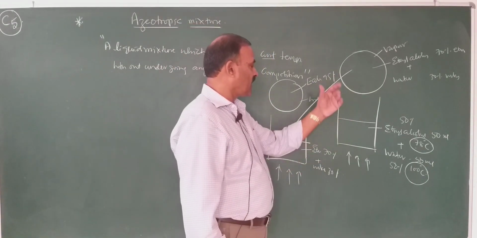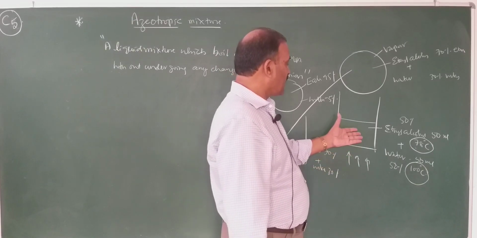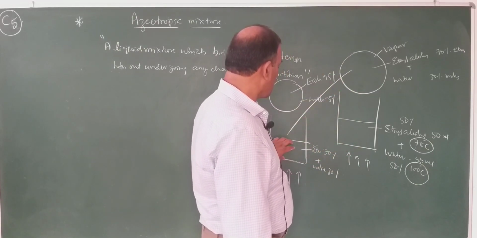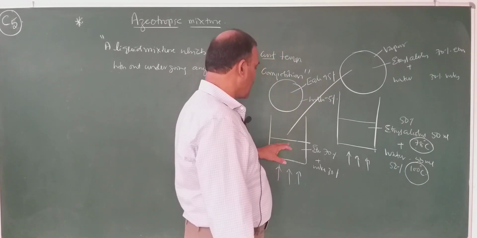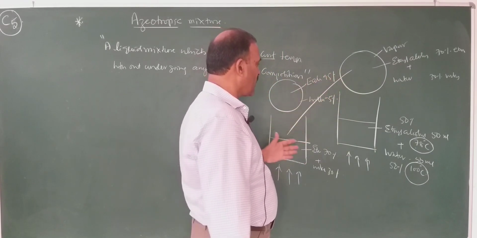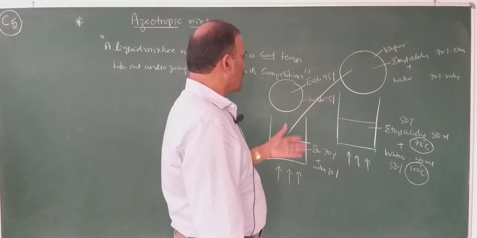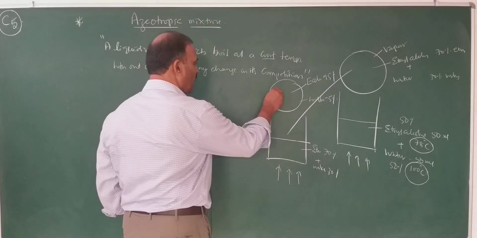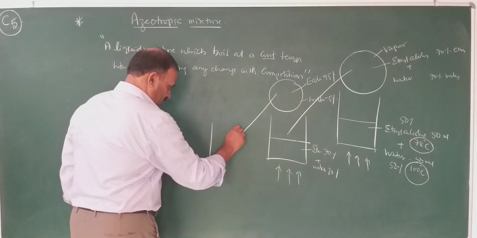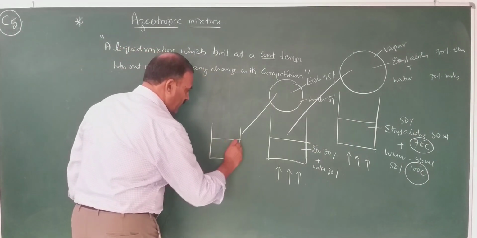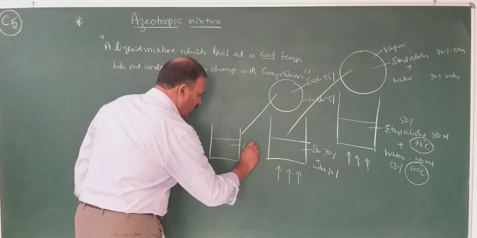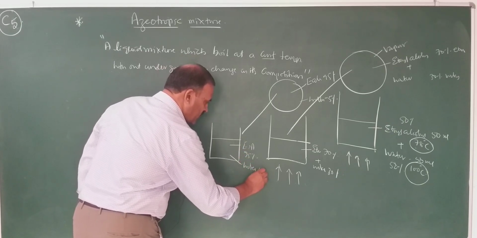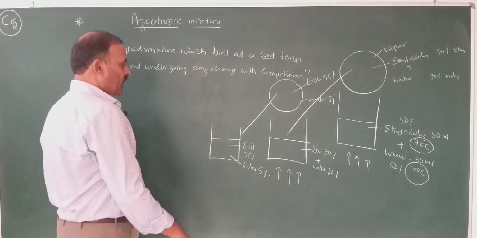So this method of distilling the liquid, condensing the vapor and again distilling that condensed vapor is known as fractional distillation. Ultimately, when this vapor is cooled, you will get ethyl alcohol 95% and water 5%.